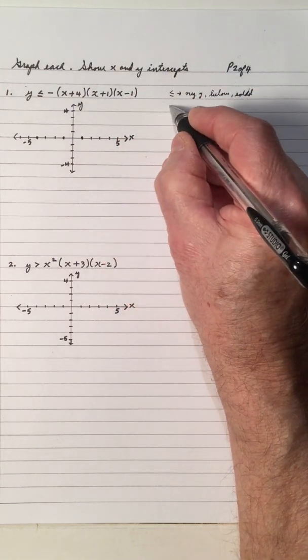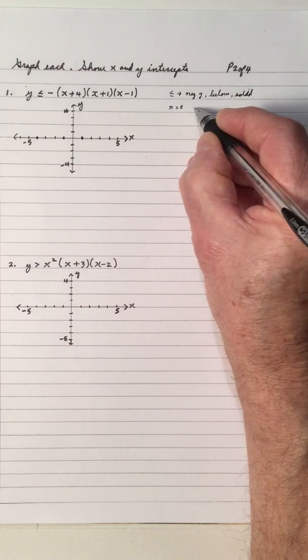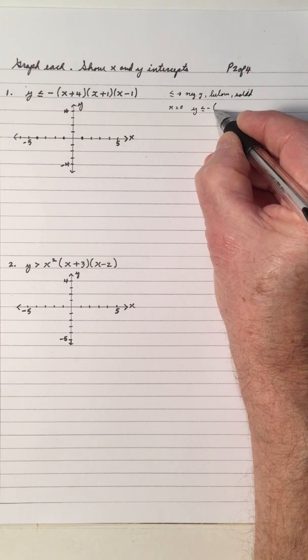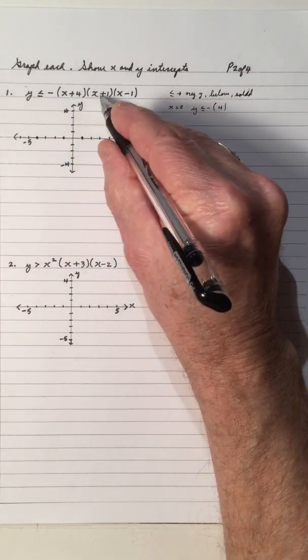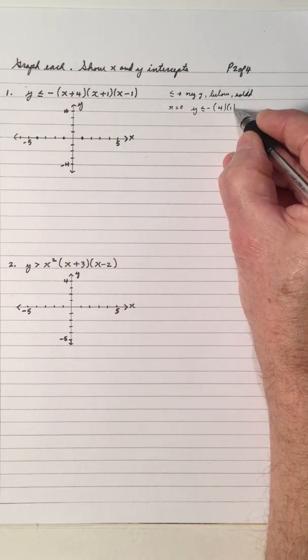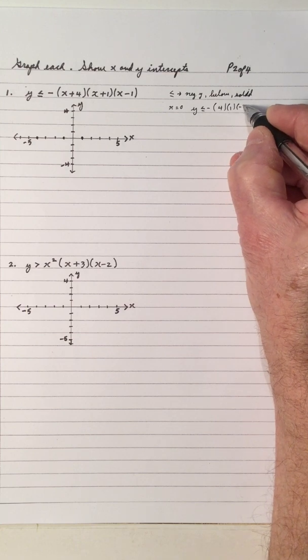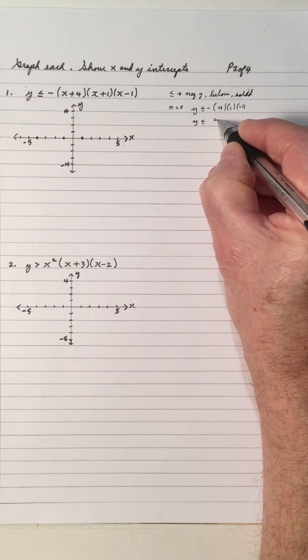So what we're going to do is let x equal 0 in the equation. So y is less than or equal to negative. If I put 0 in here, I get a 4. If I put 0 here, I get a 1. If I put 0 here, I get negative 1. So y is less than or equal to 4.